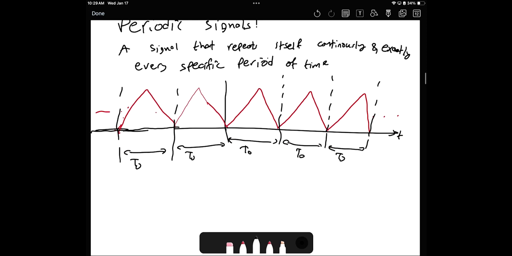In mathematical expression, we will say that x of t plus n T0 equals x of t, such that n is an integer and T0 is the period.